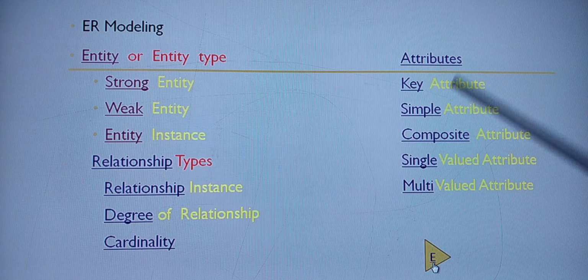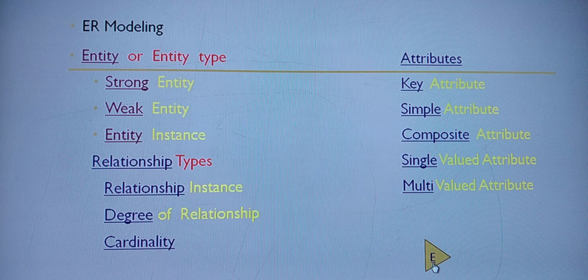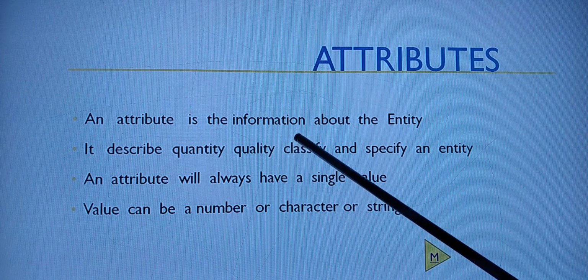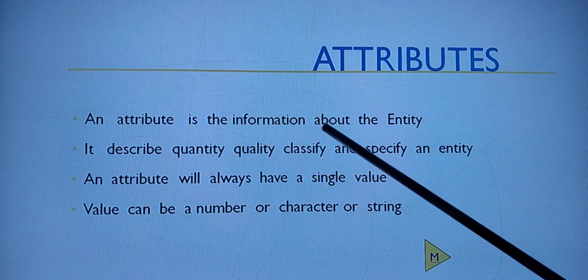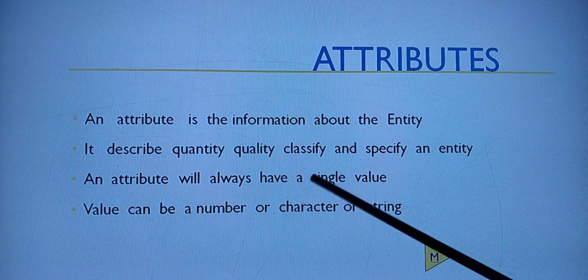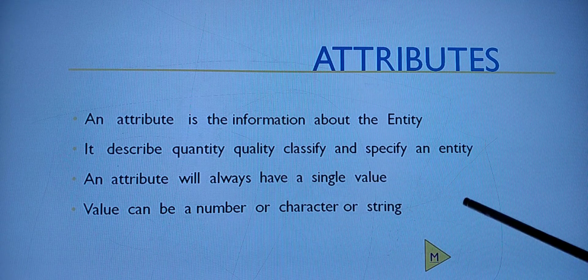It is your attribute. What do you mean by attribute? Already we have discussed that one. An attribute is just the information about the entity. It is going to describe the quantity, quality, and it classifies and specifies an entity.